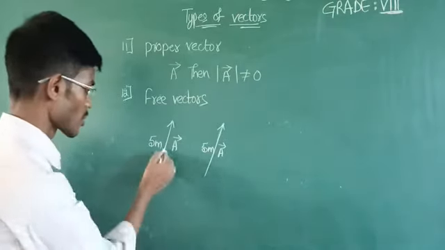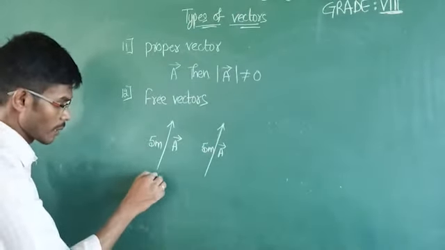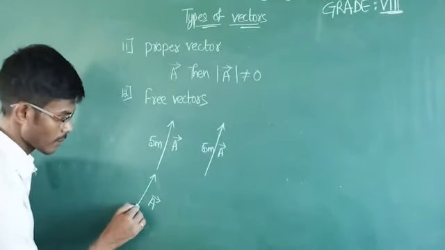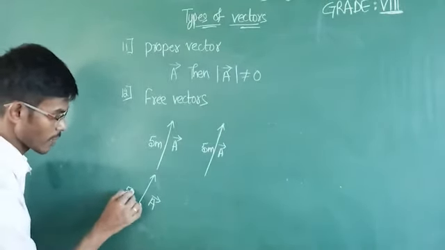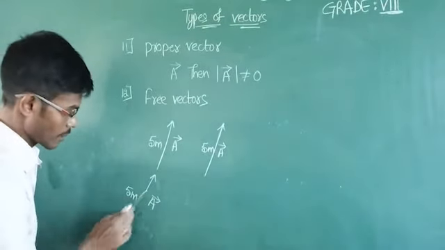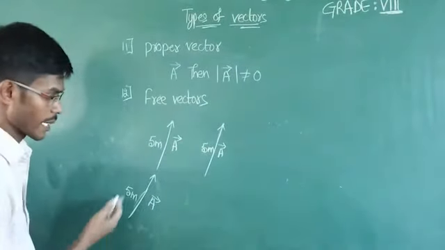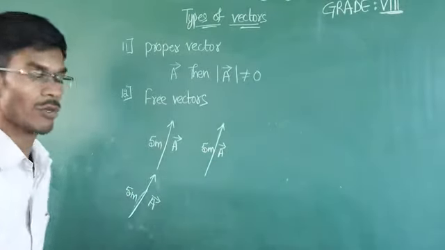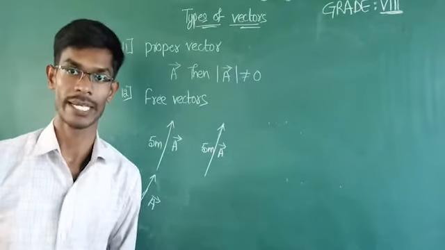Or else I can displace it like this also, without changing the magnitude and direction. It moves in the same direction and has the same magnitude. So these type of vectors we will call free vectors.